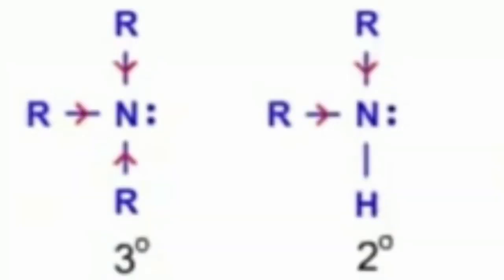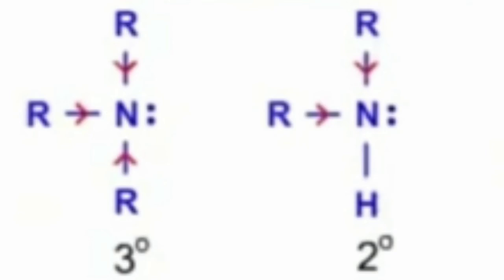But in the case of secondary amines, you can see in the figure, nitrogen is attached to two alkyl groups, meaning two carbon atoms, and one hydrogen atom is there. So this is a secondary amine. These two alkyl groups have a plus I effect or positive inductive effect, meaning electron releasing effect. So these two alkyl groups push the electrons towards the nitrogen atom.